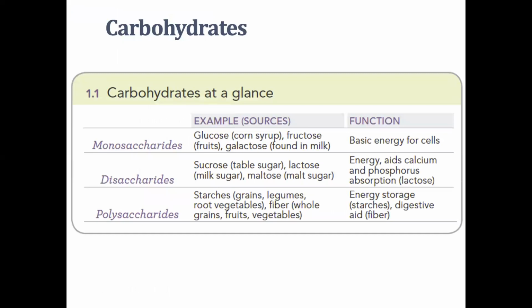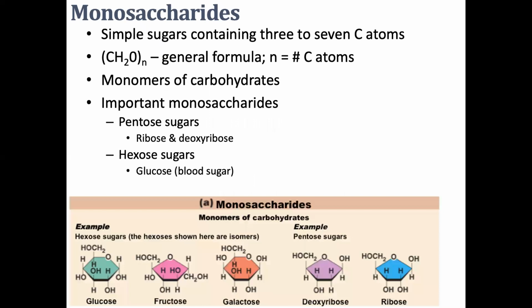This is from your textbook showing you sources of these different types of carbohydrates and what they're for, okay? So this is table 1.1. Okay. Monosaccharides, again, the formula we've already talked about, where N is the number of carbon atoms.